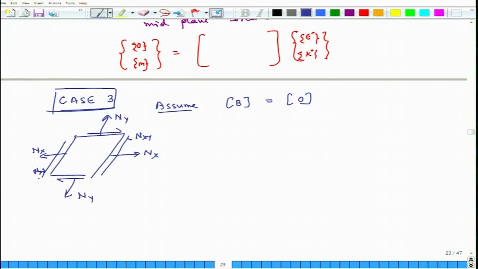Okay. So, if B is 0, then the plate will not have any mid plane curvatures, because the coupling matrix is 0. But then let us look at the equations.